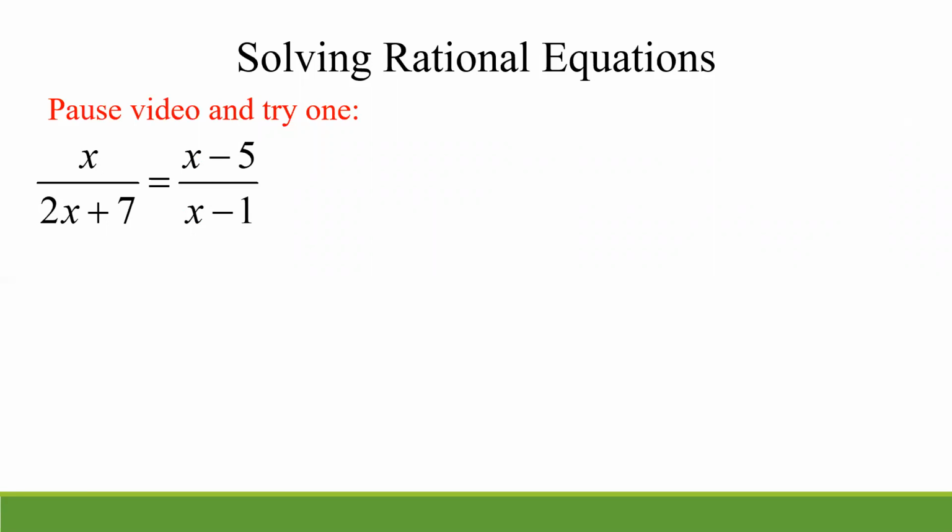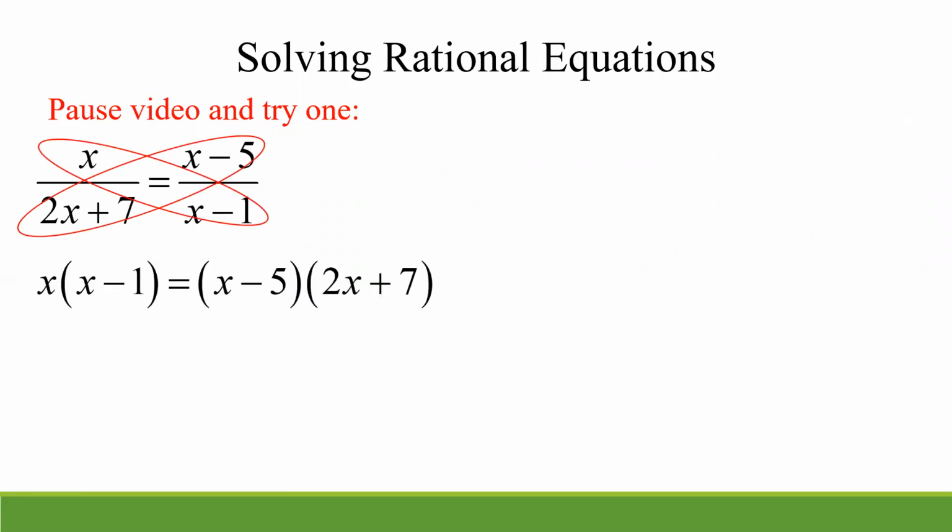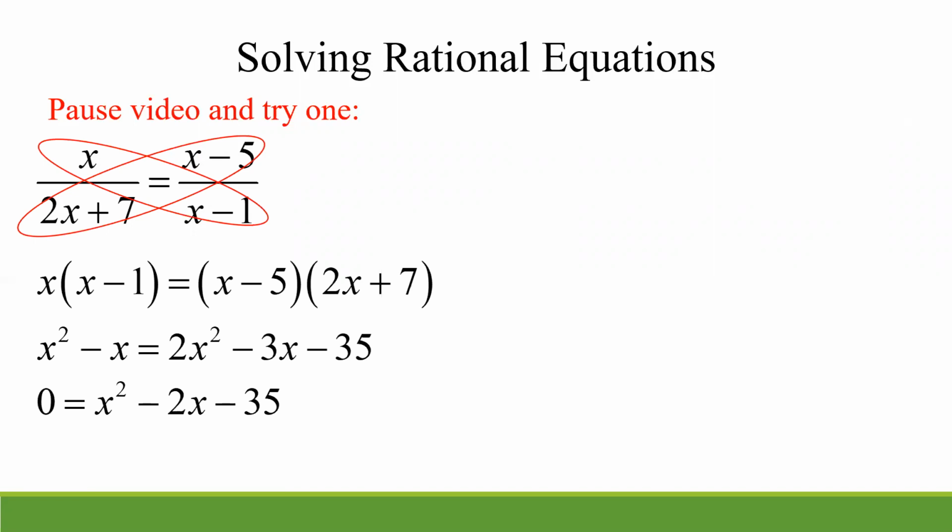Okay, so nothing different. Cross multiply, distribute on the left, FOIL or box method, whatever you're more comfortable with on the right. But again, notice I've got the x squared term, so I'm going to get everything on one side, subtract the x squared, add the positive x, get everything on the right-hand side, and now it's going to become x squared minus 2x minus 35.